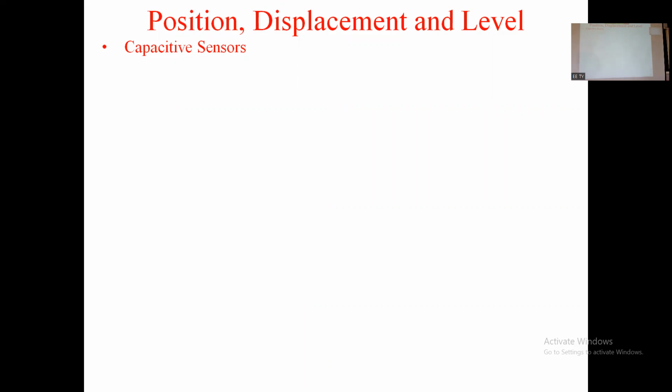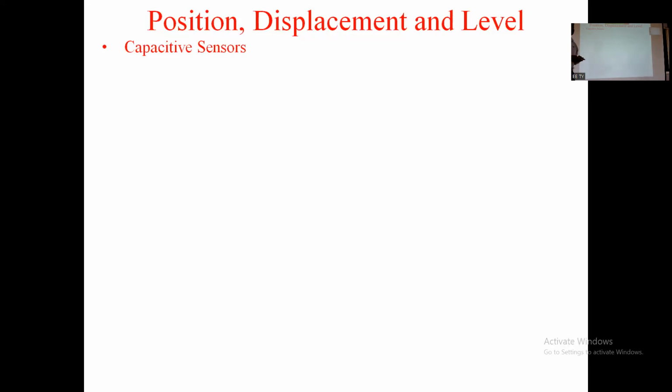Displacement is nothing but a measure of distance. Position is again a measure of distance. But in case of a position sensor, there is one reference point, and along with that reference point, it will measure the distance. In case of displacement, its initial position is the reference point, and from its initial position, it will measure the distance.